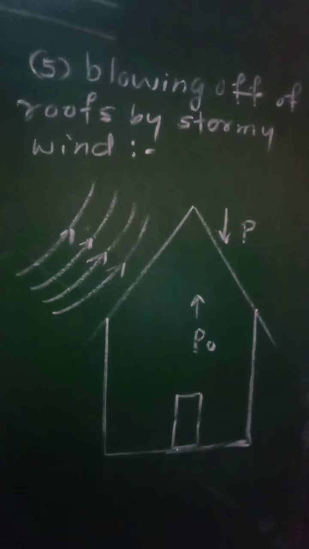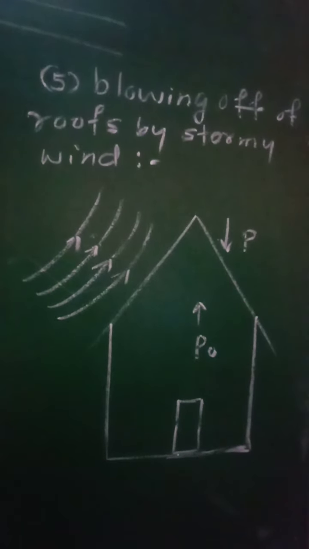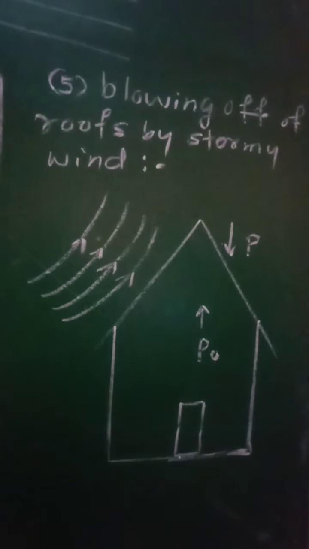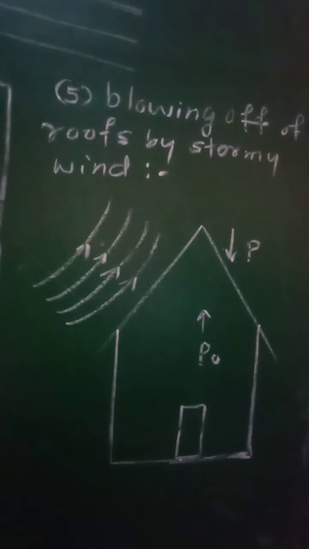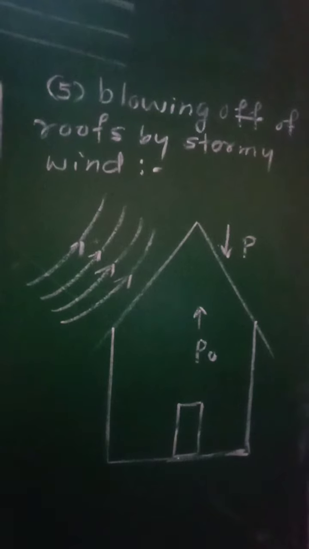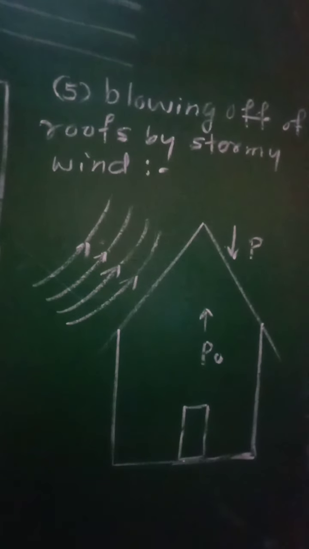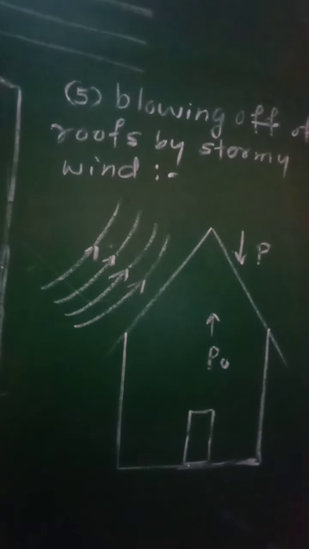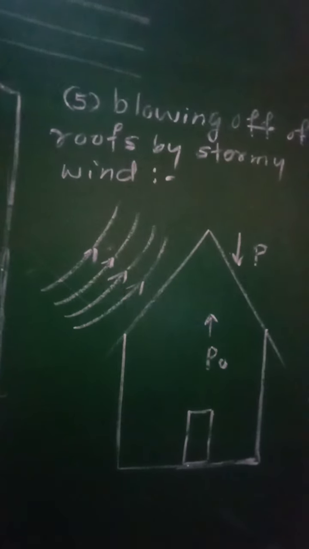However, the air below the roof, that is inside the room, is still at atmospheric pressure P0. So due to this difference in pressure, the roof is lifted up and is then blown off by the wind.